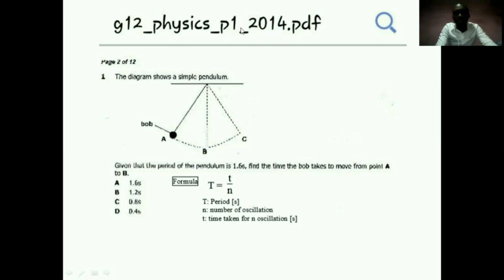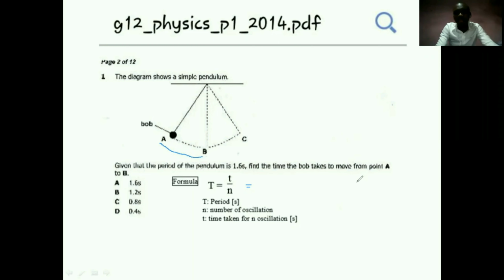The question is also saying, find the time the bulb takes to move from point A to point B. So they are only interested in the movement of the bulb from point A to point B. Since this is the formula we're going to use, we substitute this data, then we'll find the answer.